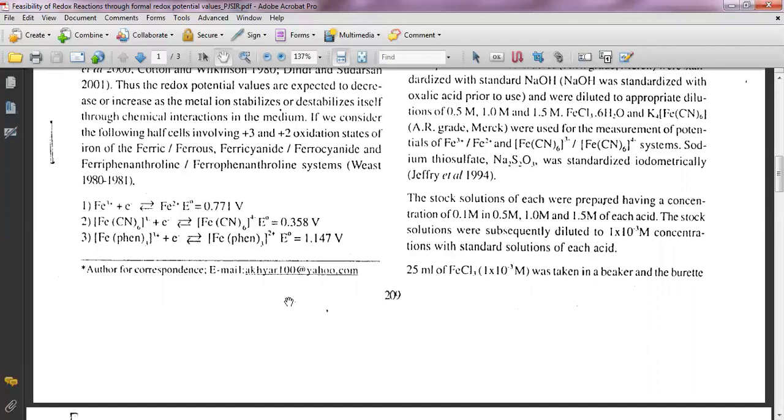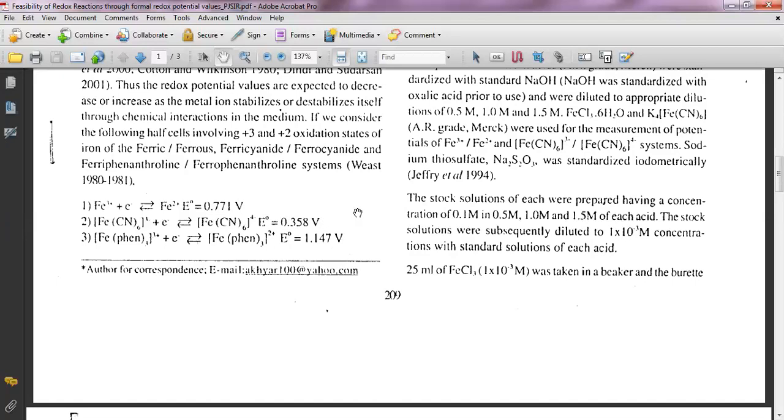So what do you learn if the potential is less or more compared to the other, like in the case of half cell 3 compared to number 1? We are using the first half cell as a reference, and there are two examples. The second has a potential less than 1, and the third has a potential more than 1.